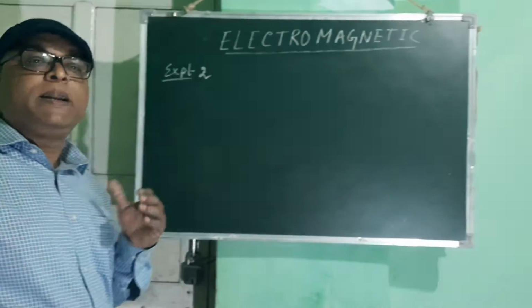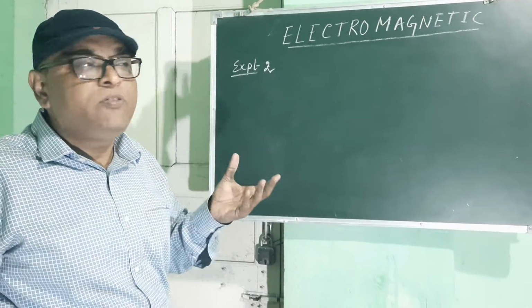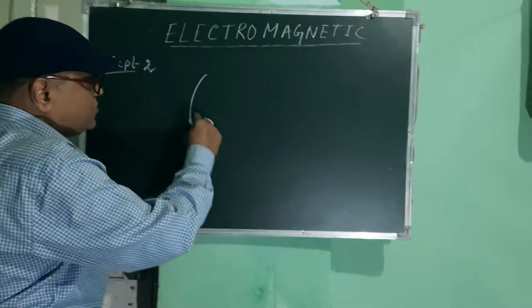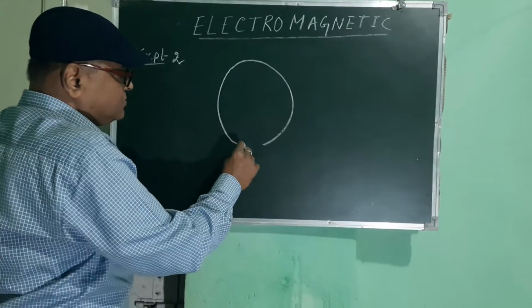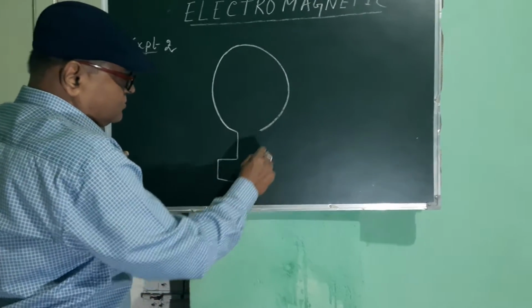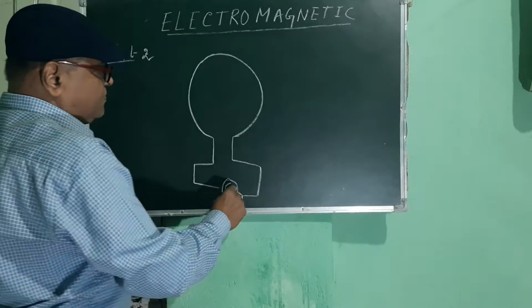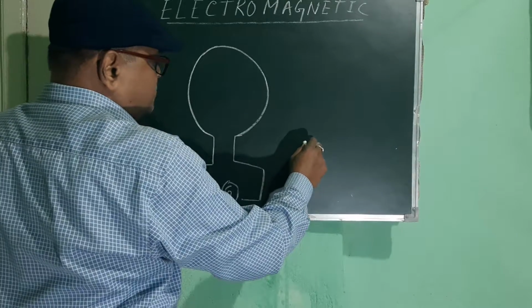Because a bar magnet has some limitation, its strength has some limitation. But if we use the solenoid, how? Just see, there is one coil present. There is another coil, just like a solenoid, present.